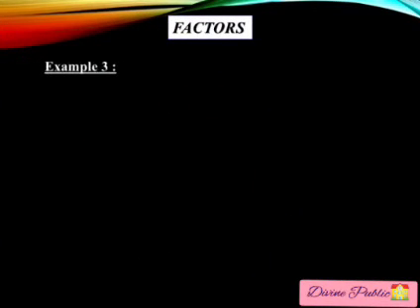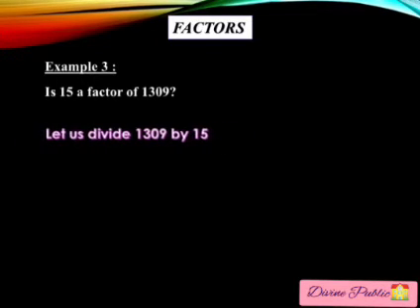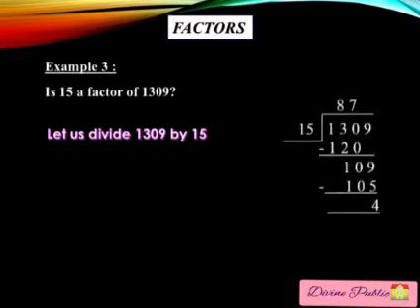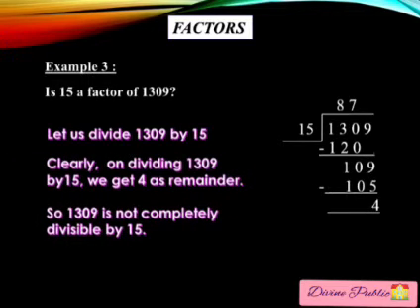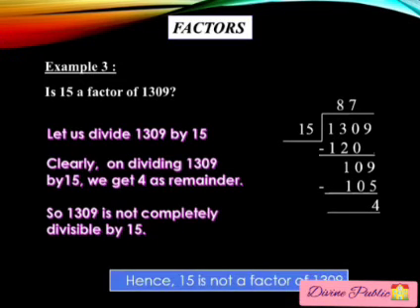Let us see example 3. Is 15 a factor of 1309? Again, we will divide 1309 by 15. In this division, on dividing 1309 by 15, we get 4 as remainder. So 1309 is not completely divisible by 15.